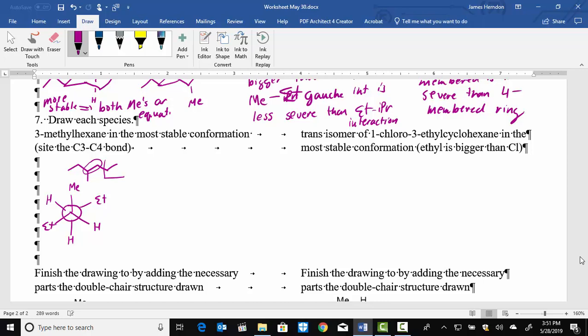Okay, there's ethyl at C4, and here is ethyl at C3. Okay, all right. We need to rotate them. Let's make sure that we go through all of the rotations.